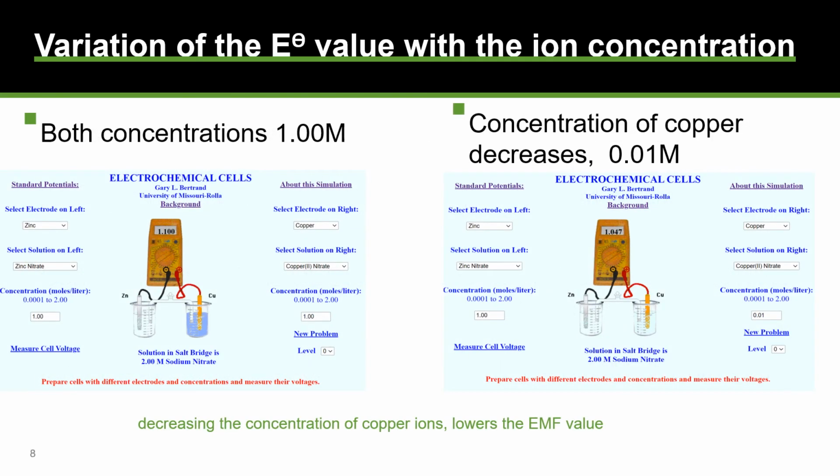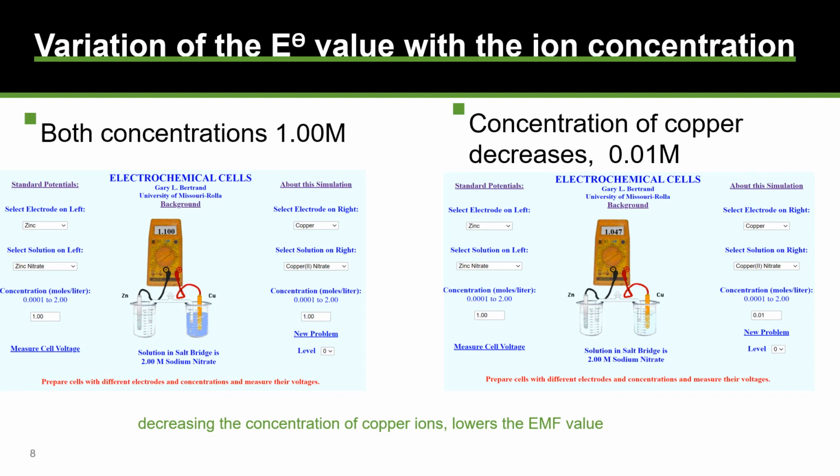In the picture on the left, we have both concentrations of ions being 1 molar, and we can calculate the value of the electrochemical cell as 1.1 volts, because the copper half cell value is 0.34 and the value of the zinc is negative 0.76. So adding those values, we obtain 1.1 volts.